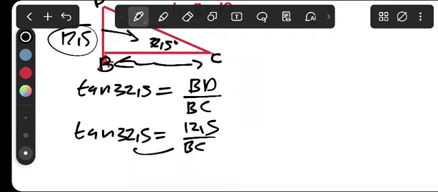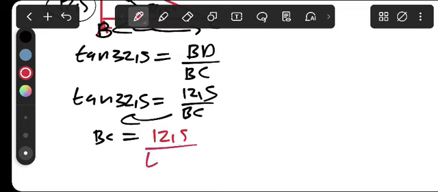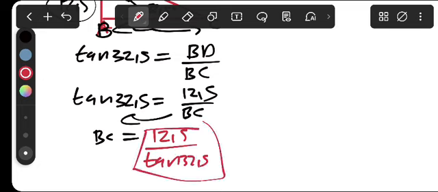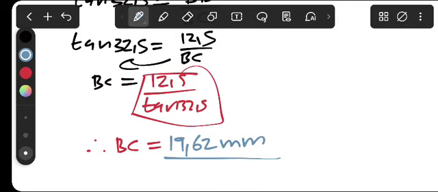You multiply by BC, and also divide by tan, so you'll have BC equals 12.5 divided by tan 32.5. Then we punch this in. Therefore the value of BC simply equals 19.62, obviously millimeter.